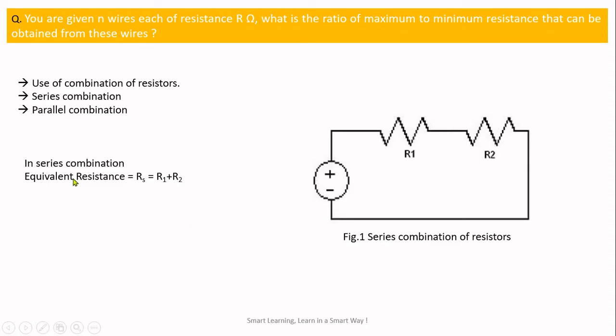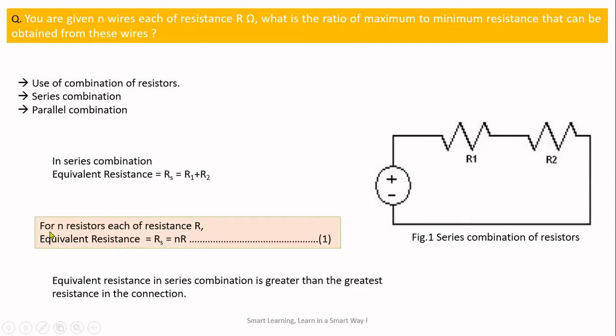Let's start with the series combination in short. If we have two resistors of resistance R1 and R2, and their series combination is shown in the figure, the equivalent resistance of these two resistors in series is Rs equal to R1 plus R2.